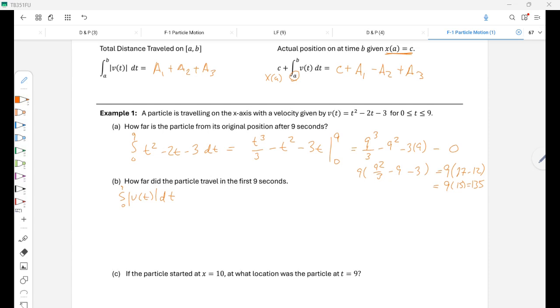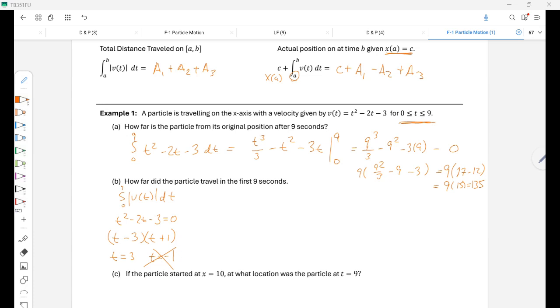So we've got t squared minus 2t minus 3 equals 0. That factors to t minus 3 and t plus 1. Agreed? Which means we've got t equals 3 and t equals negative 1. But we have a domain 0 to 9, so we don't care about t equals negative 1, correct?